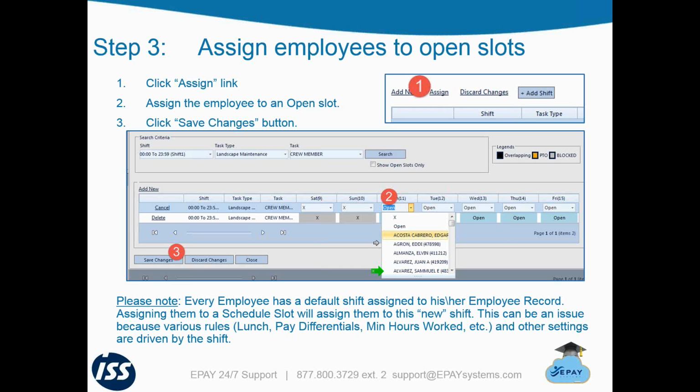In my example here, I have Mr. Acosta, an employee highlighted here in yellow. The question would be, does that employee have this job as part of his working jobs in Blueforce on his employee record? If the employee does not have this particular job as his working job, you will not see his name on the list. So keep that in mind.